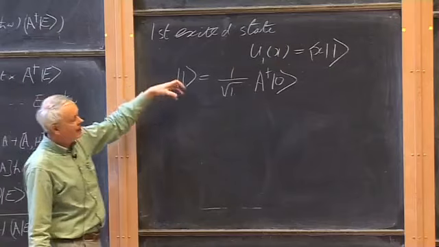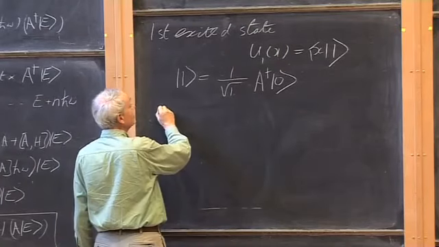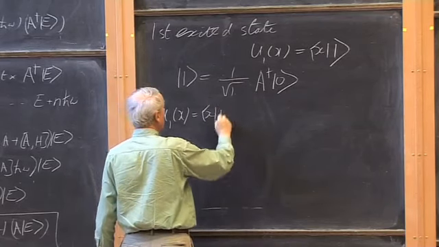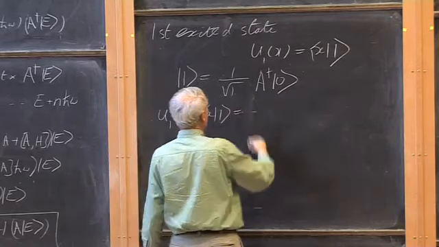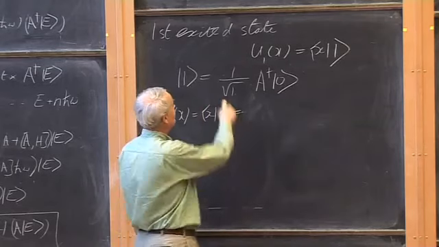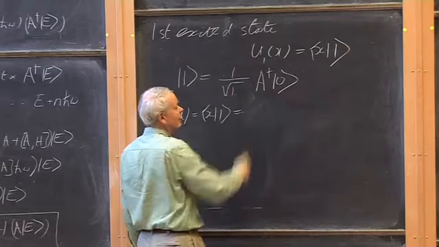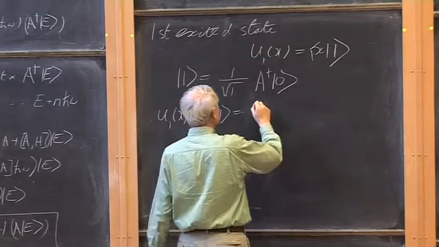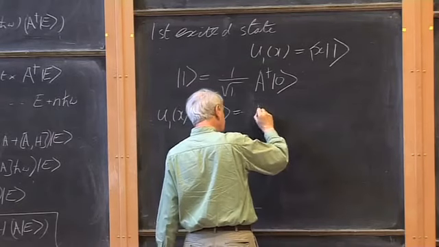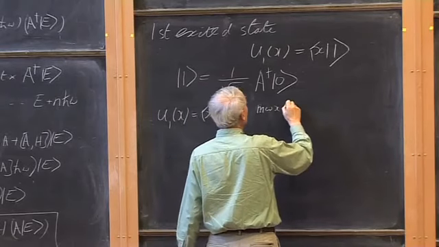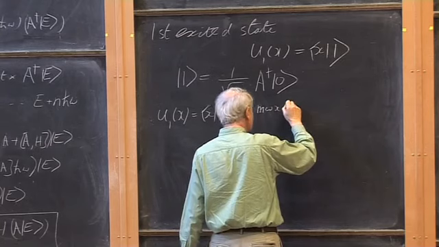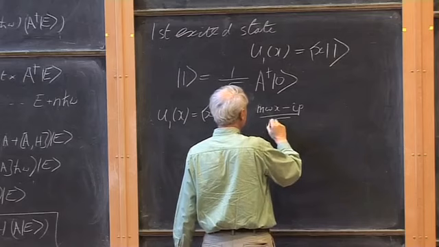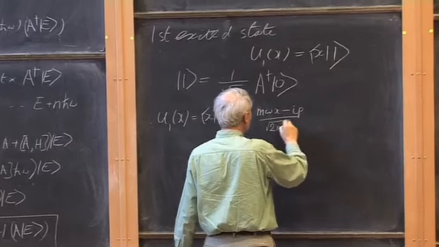So if I bra through by x, that tells me that u1 of x, which is equal to ⟨x|1⟩, is equal to 1 over the square root of n plus 1, where n here is 0, times a dagger, which is (m omega x minus iP) over the square root of 2m h bar omega.